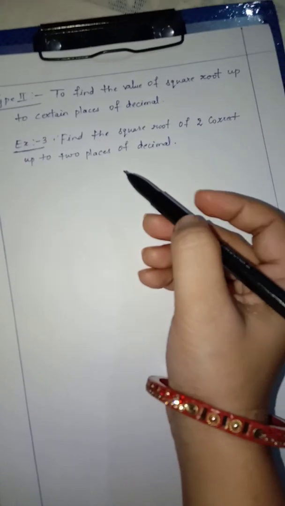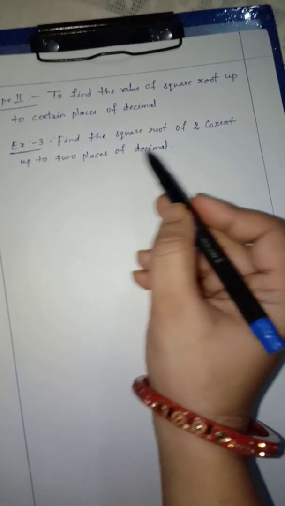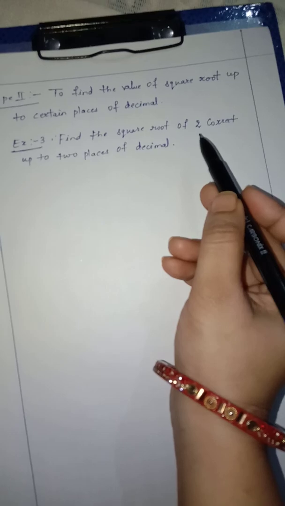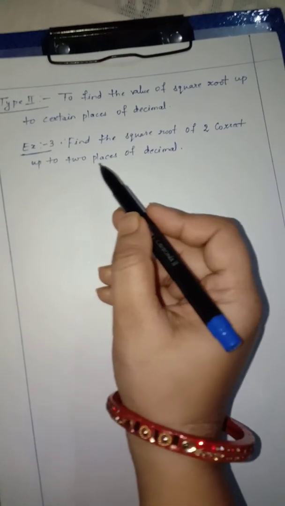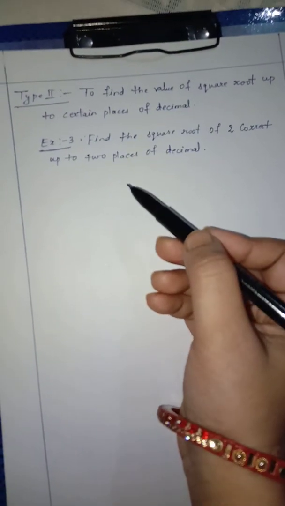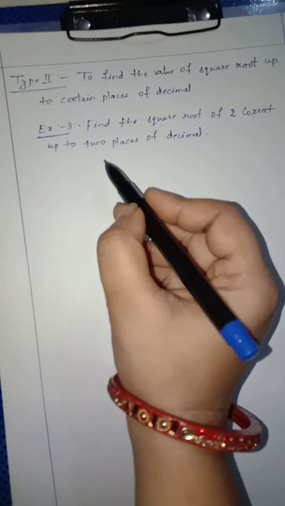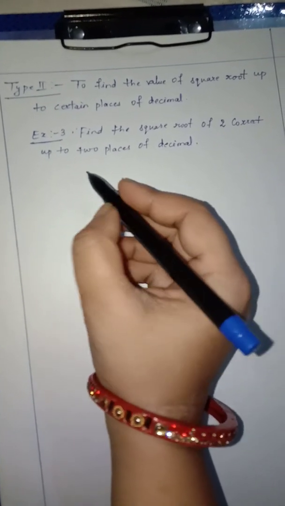In your textbook the form of this question will change, and you may have to find the square root of any number correct up to 3 places of decimal, or 4 places of decimal, but we follow the same steps. So firstly we will try to understand this question.